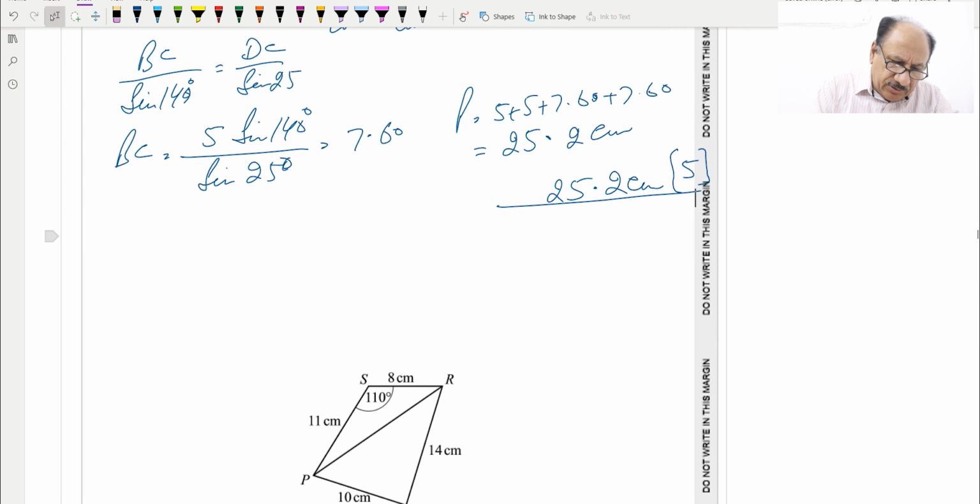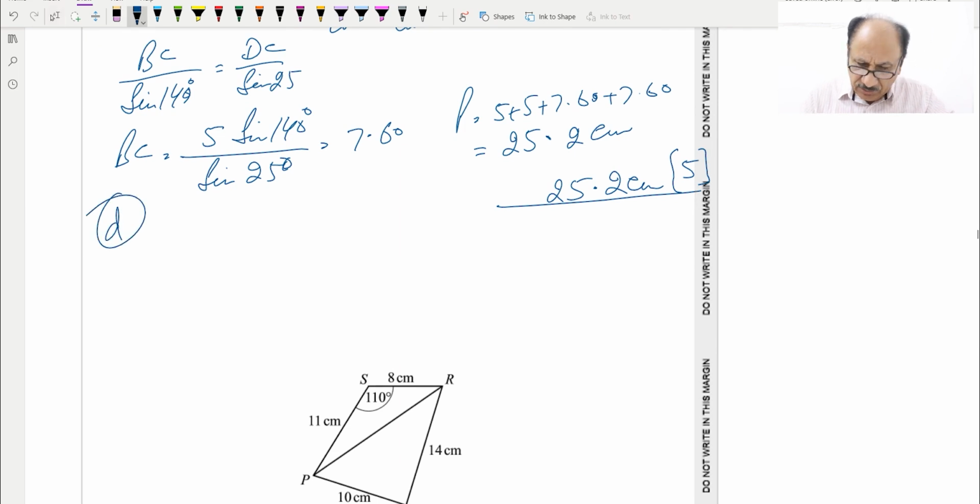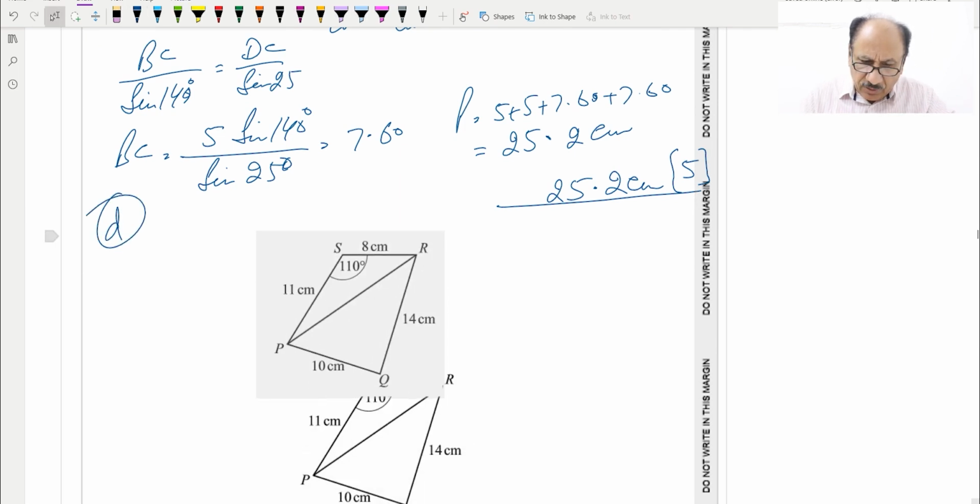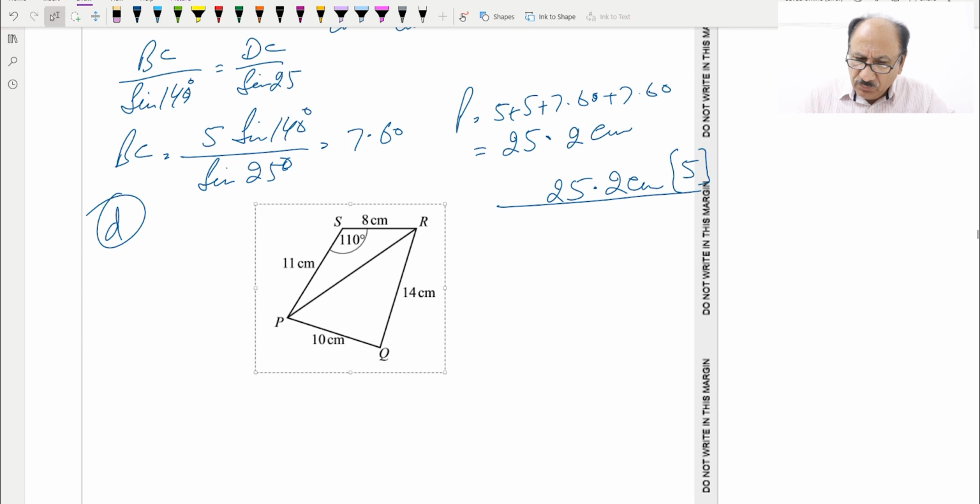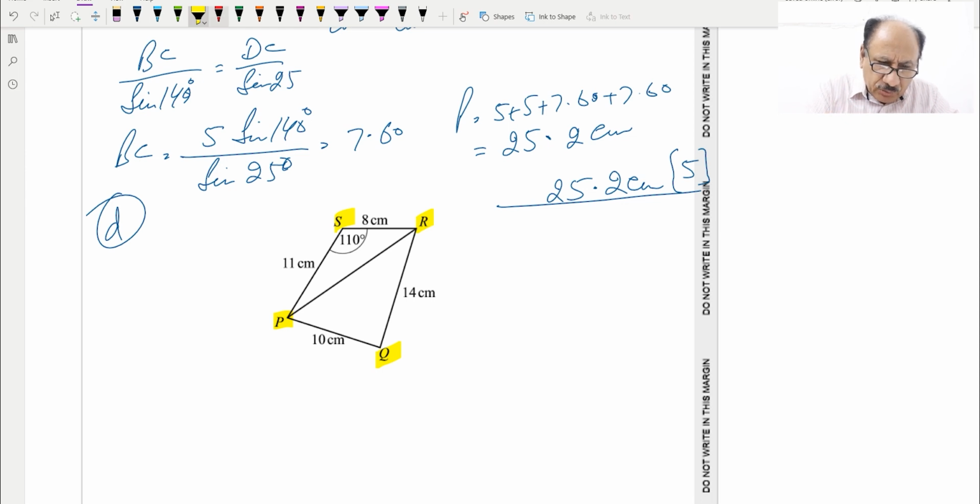Now the D part. To calculate the D part, we have this drawing which we will be referring to, and the question related to this is PQRS. PQRS is a quadrilateral. We need to calculate PQR. So this angle is required.